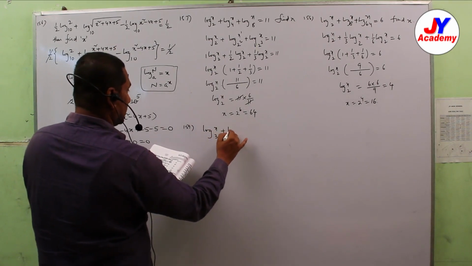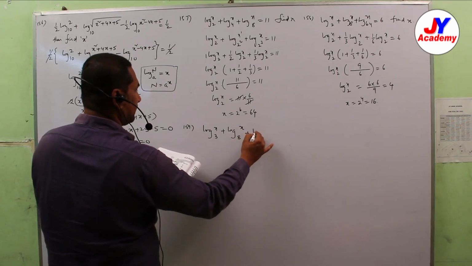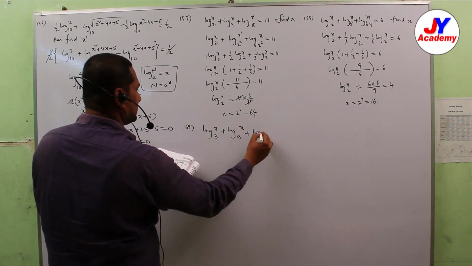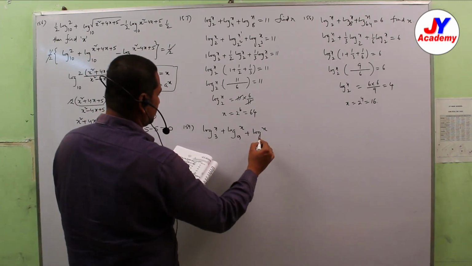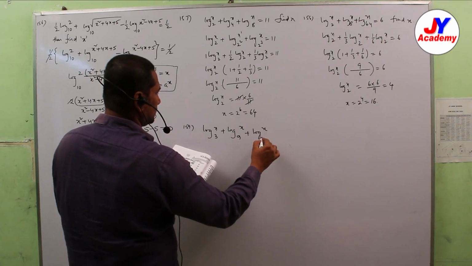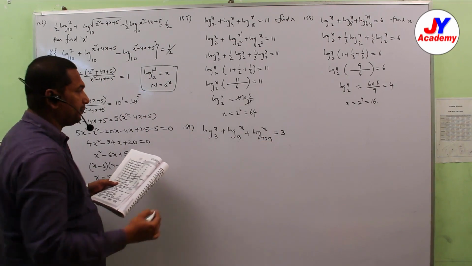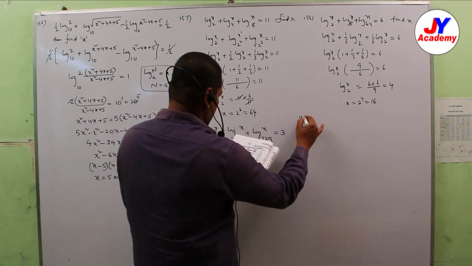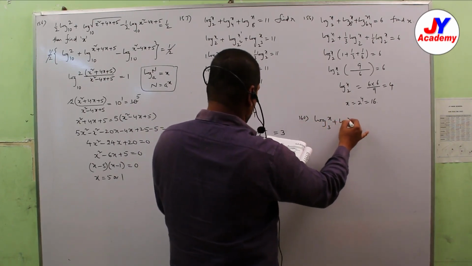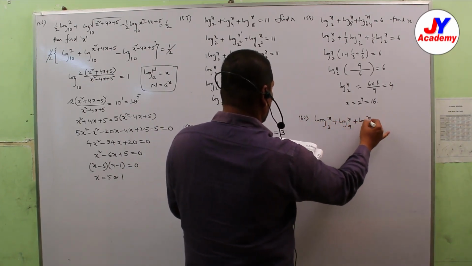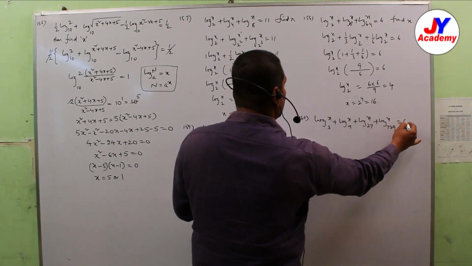Log x base 3 plus log x base 9 plus log x base 27 plus log x base 729 is equal to 6. Then simplify.